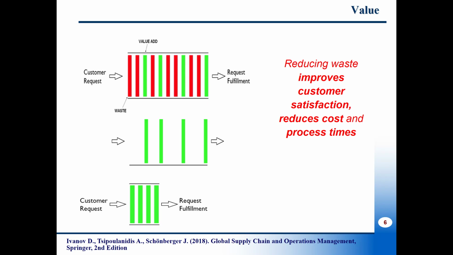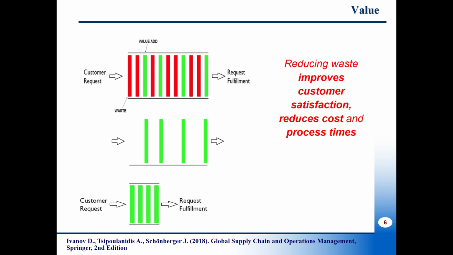And in the second picture in our slide, we have been able to eliminate waste, and therefore we have only green lines. And every line stands for activities in our production or in our logistics operations.